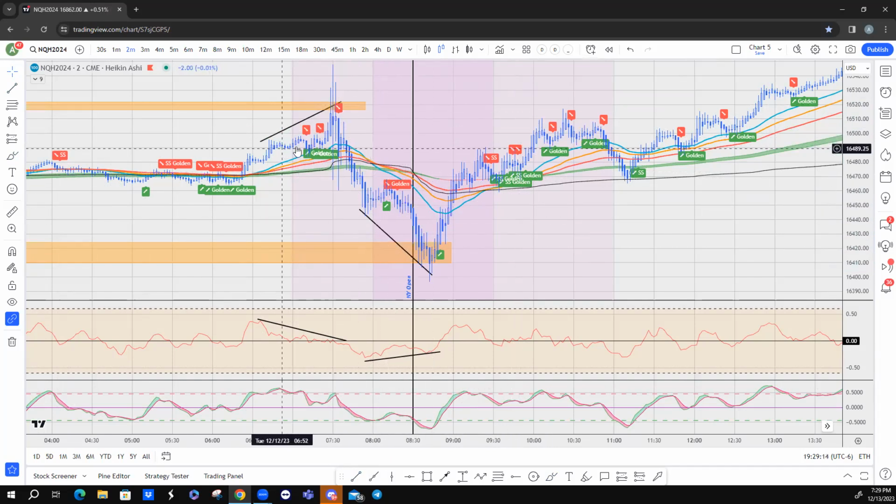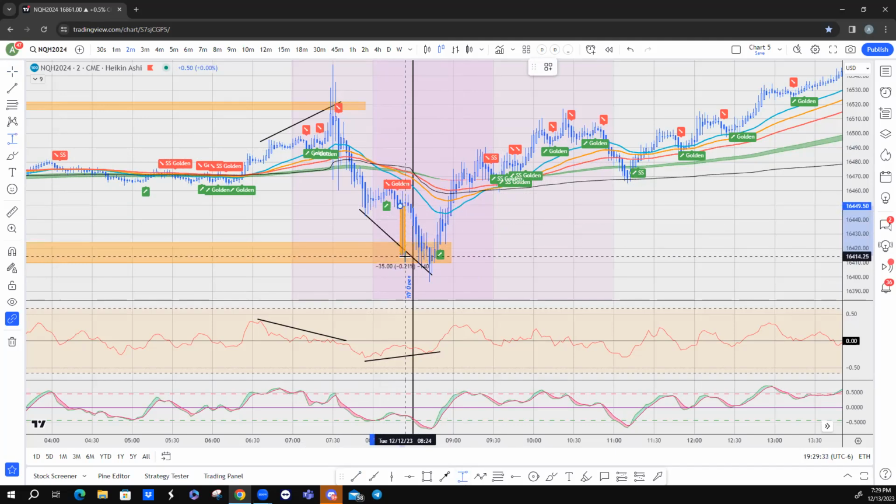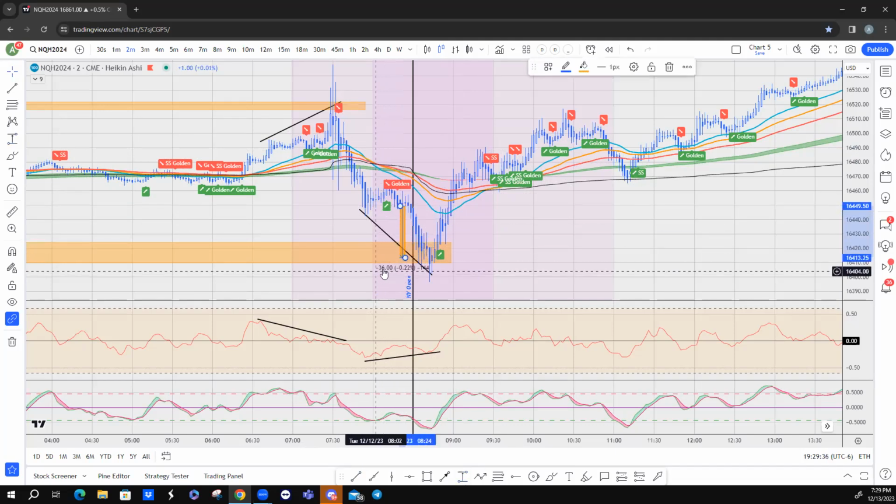So even if I didn't want to take this trade and I wanted to take something within the darker shaded area, that's fine. I could have done this trade and I could have done this trade right here. So in futures, trading NQ on one contract, let's say I went from here to about right here. It's 36 points. It's $20 a point. So for this one, we're talking a $720 trade on one contract.